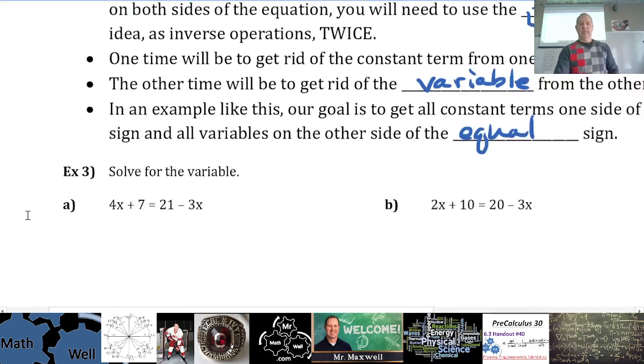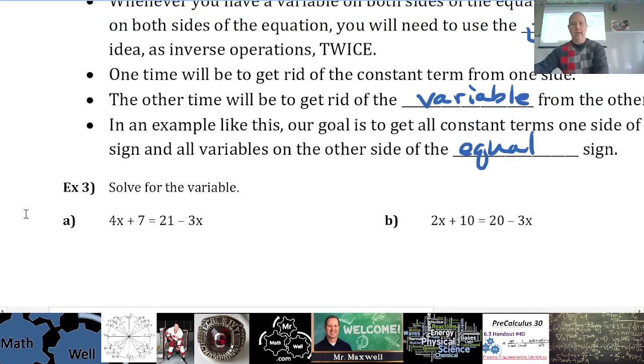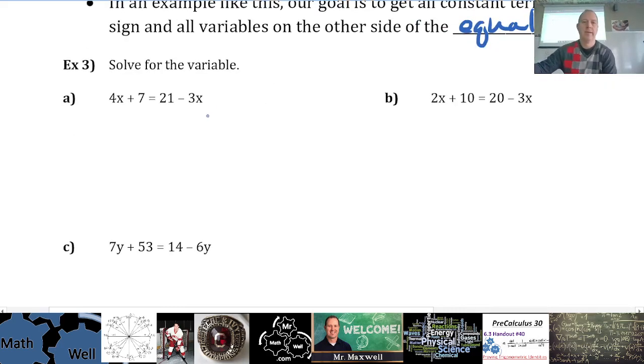So in this example 3a, I'm going to add 3x to both sides. And if this is not too much for you, I would love it if you also moved the constant in the same step. So you can subtract 7 from both sides as well.